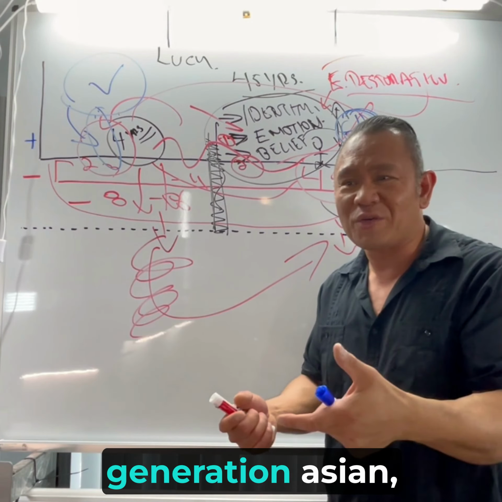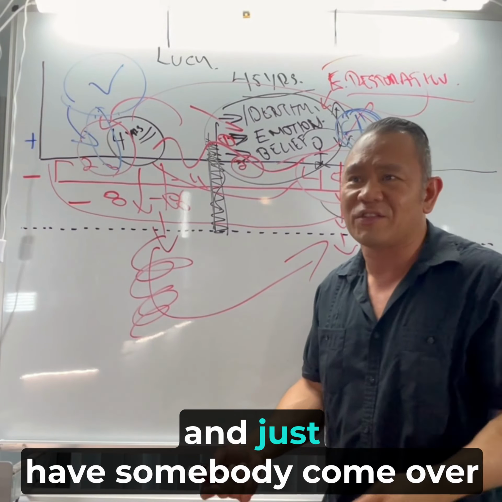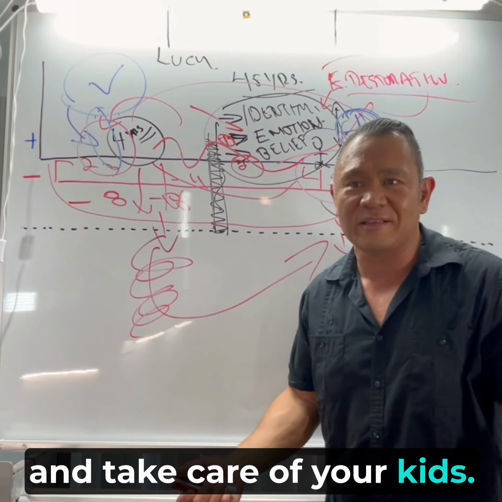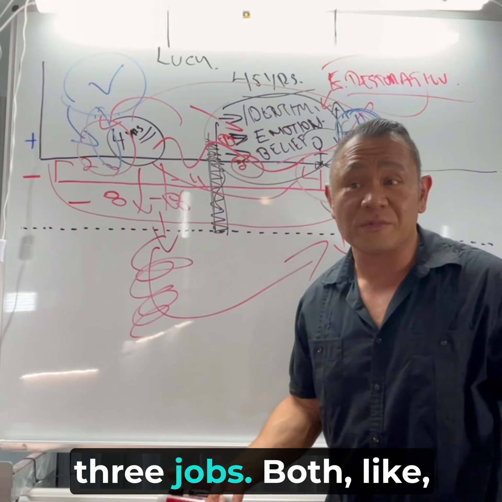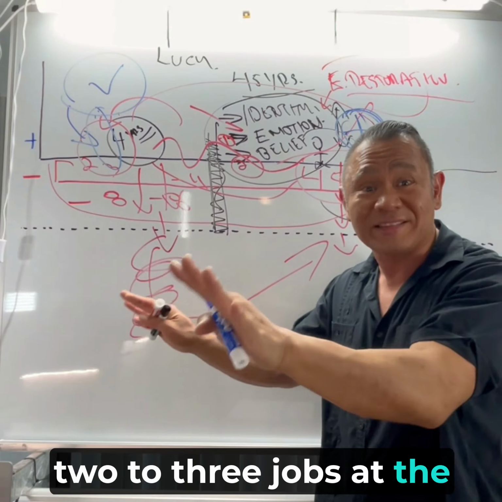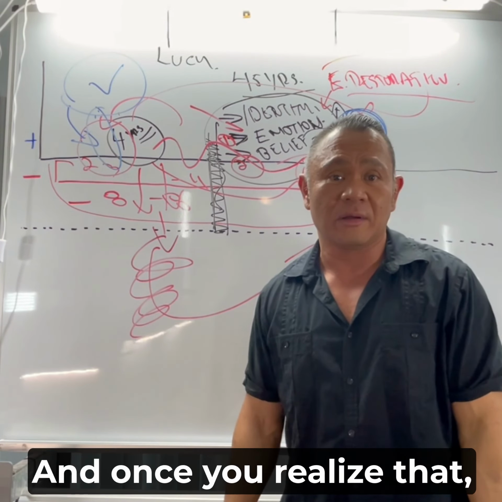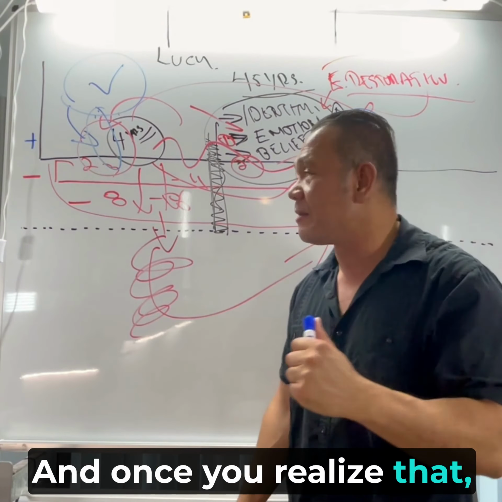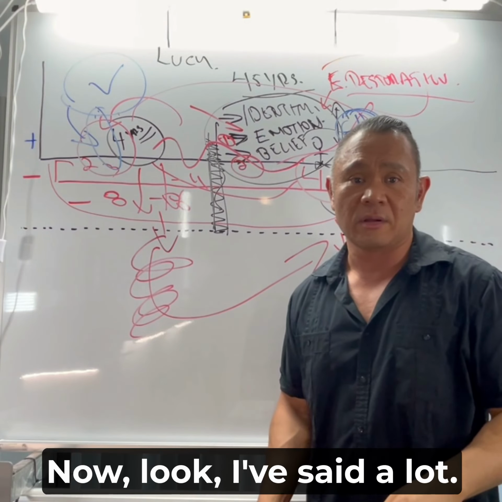When you're a first generation Asian, it's not like you can just pull out extra money for babysitting and have somebody come over and take care of your kids. They didn't know anybody here, and both mom and dad were working 2 to 3 jobs at the same time, separately. So of course no one's going to be around. And once she realized that, the belief changed automatically by itself.